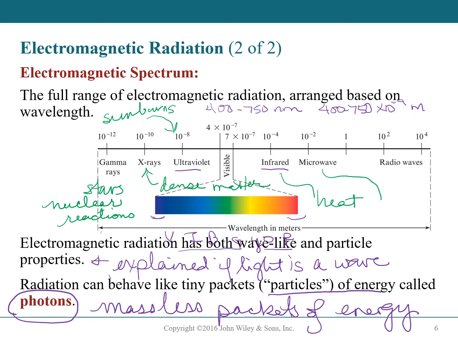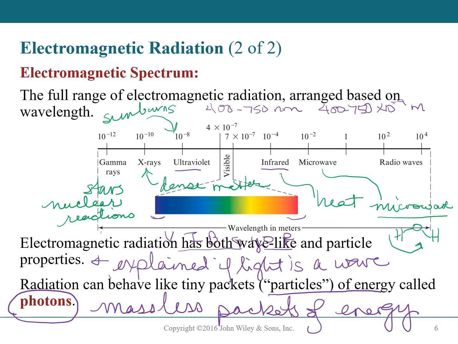Microwave, this is lower energy than infrared, and this is why we have microwave ovens. It turns out that with the microwave, even though it's lower energy, water absorbs microwave radiation. And when it absorbs it, it starts to tumble. And so when it starts hitting neighboring molecules, that's what increases the heat.